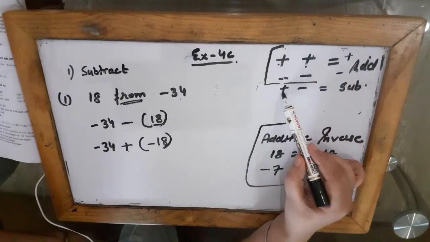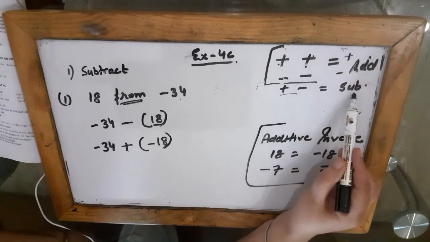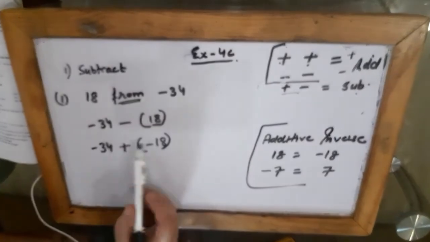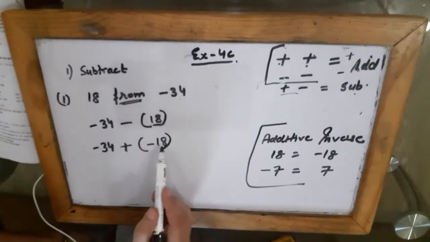But if one is positive, one is negative, we always subtract the integers, and the sign is of the bigger integer. Now here you can see both of them have become negative integers.